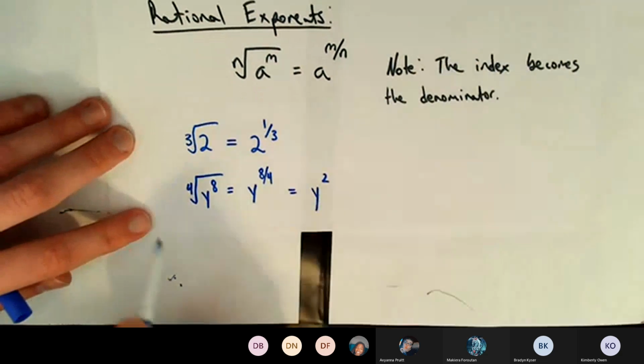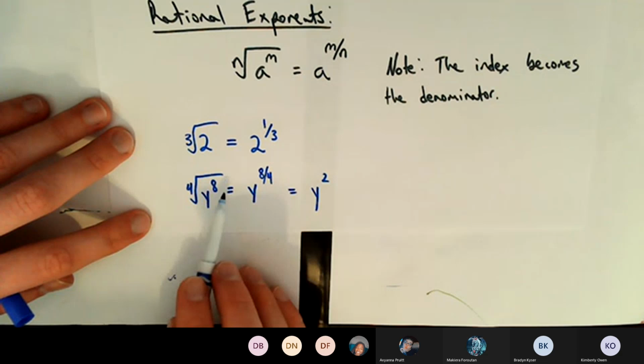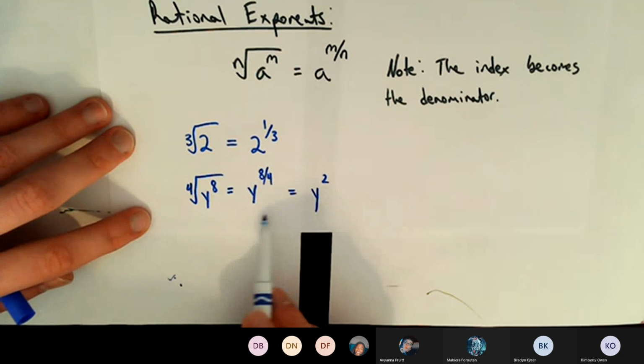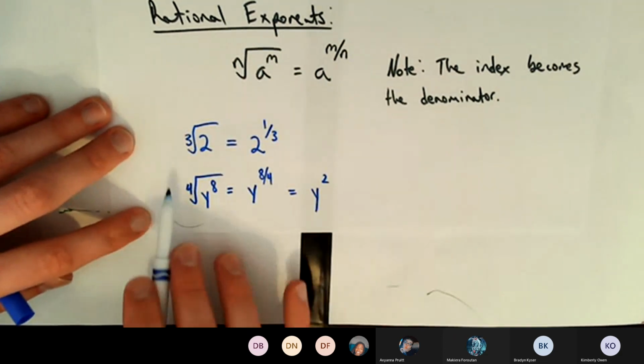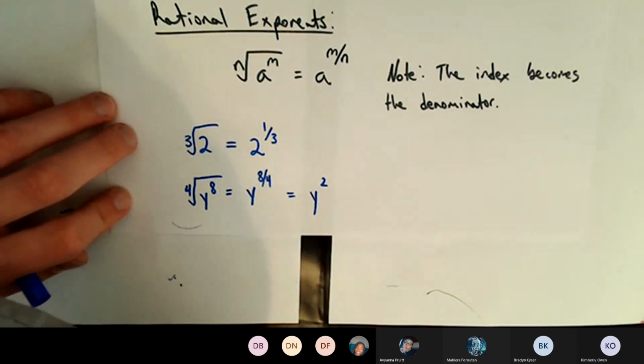Now, if you still look at this and say, well, it's better for me to understand 2 groups of 4 in 8, so it's y to the 2nd, that's fine too. It's the same thinking. It's just hammering home this rule that any radical root thing can be written with rational exponents, and back and forth, vice versa.